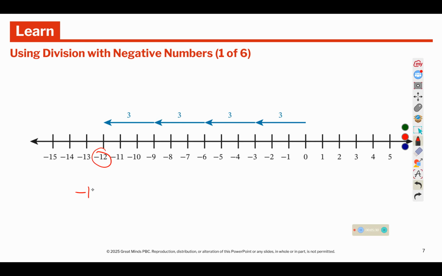So you could think of it as negative 12 split into 4 equal groups, which would give you each piece is negative 3. Or if we split negative 12 into groups of negative 3, we're able to create 4 groups. So again, a negative and a positive divided results in a negative answer, but a negative and another negative divided results in a positive answer.